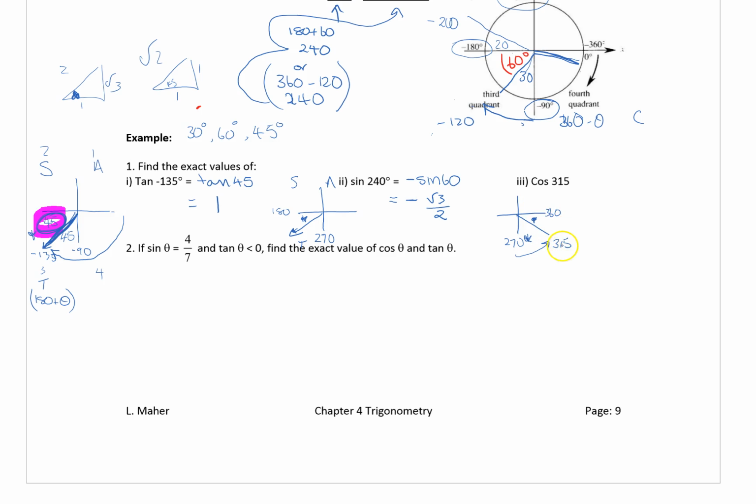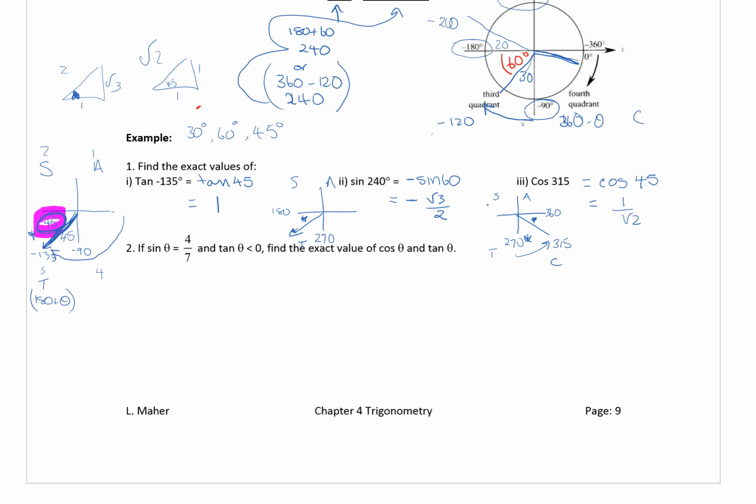So 360 minus 315 takes us back to our 45. Now, in this quadrant, what do we know? All stations to central. We know that cos is positive in the fourth quadrant. So cos of any angle in the fourth quadrant will be positive, and the acute angle that we associate with 315 is 45. And the cos of 45, back to this triangle over here, is 1 on root 2.